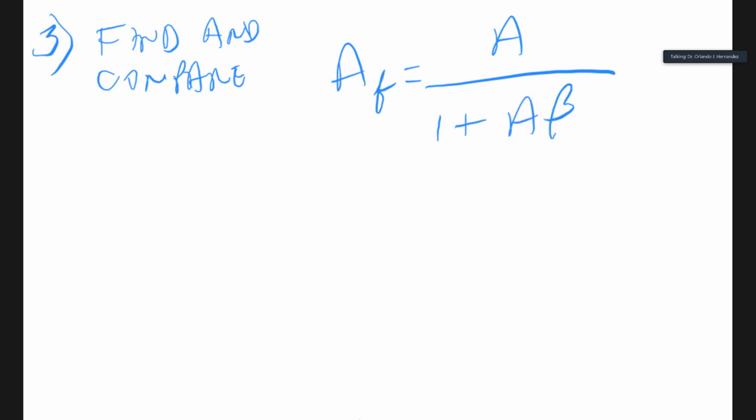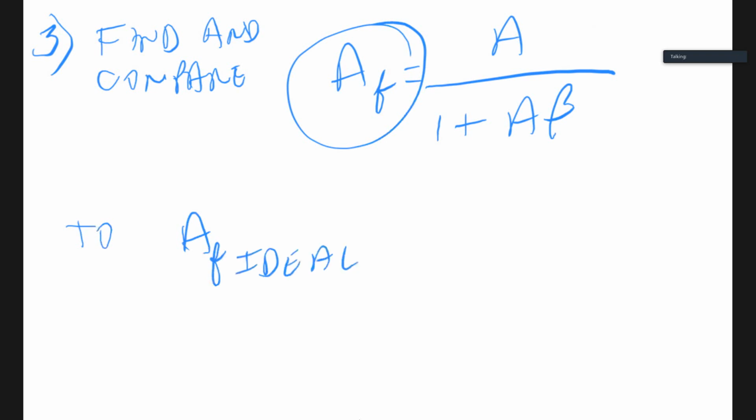We care about the closed loop gain, but we also want to know how close it is to the best case scenario, so we can compare to the ideal closed loop gain, which is 1 over beta. Okay?